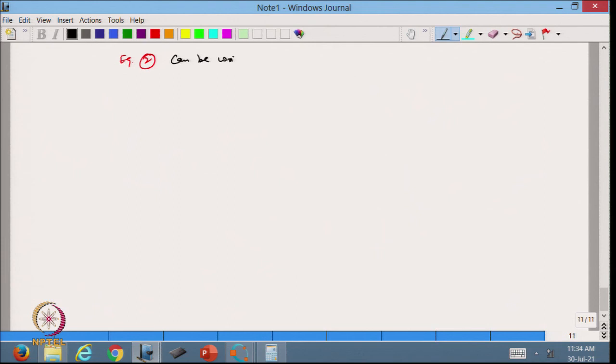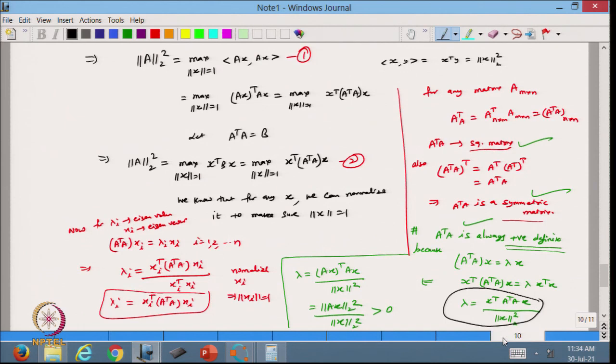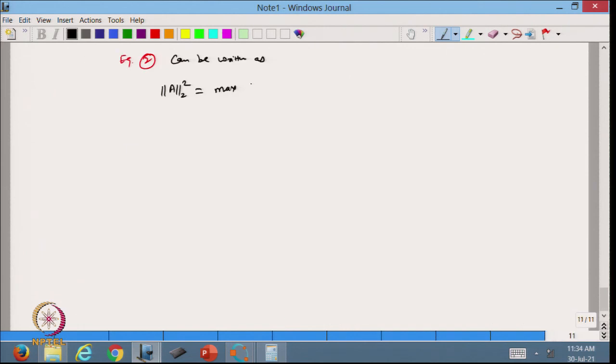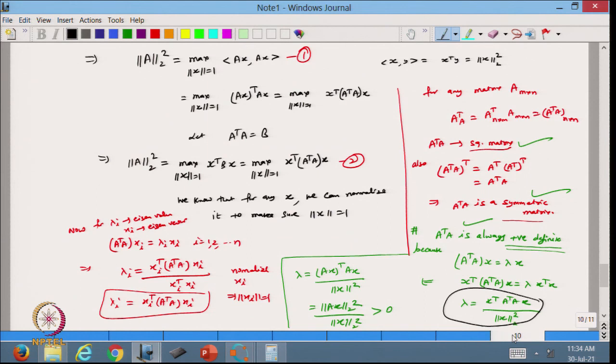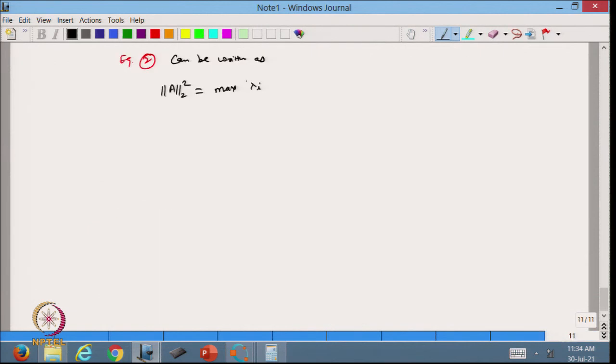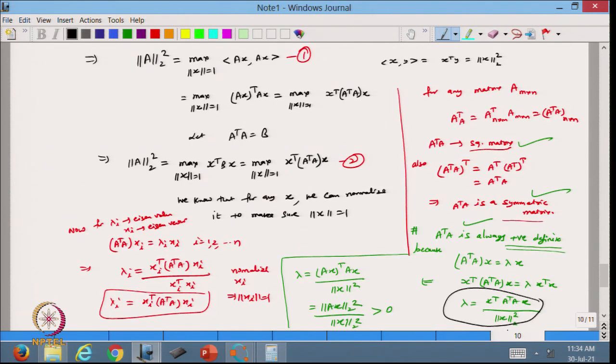Equation 2 can be written by taking the maximum, and this can be written as lambda i, because I have shown that xi transpose A transpose A xi equals lambda i, and I take the maximum over all the xi, which are the eigenvectors.